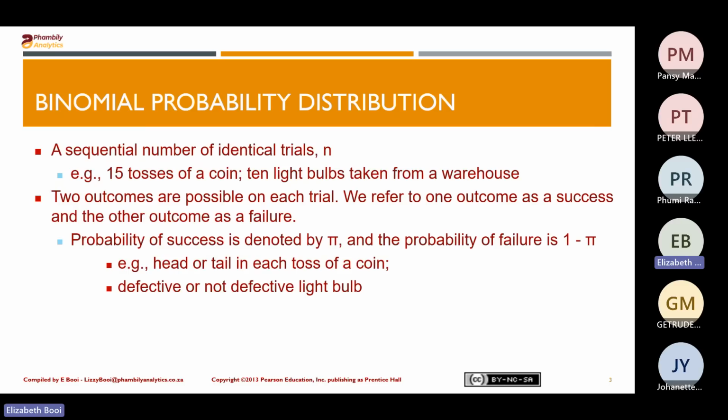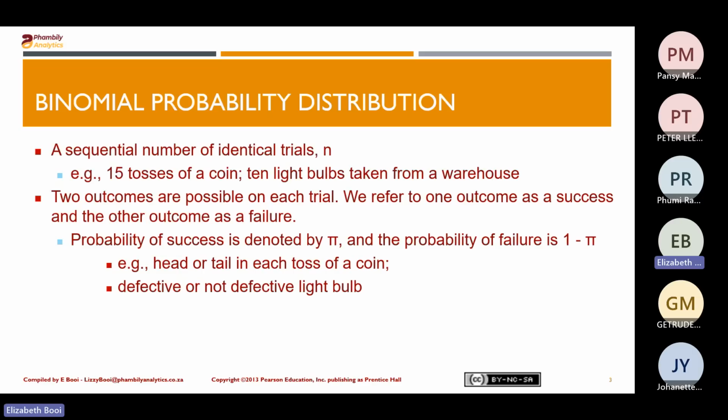The probability of success will be denoted by pi, and the probability of a failure will be the complement of that pi, so it will be 1 minus pi. For example, we've learned in basic probability that if I have a coin, a head is the complement of a tail, or a tail is the complement of a head.